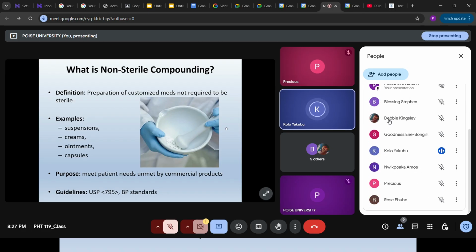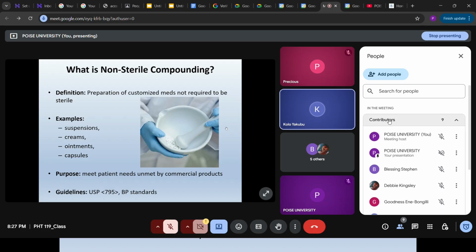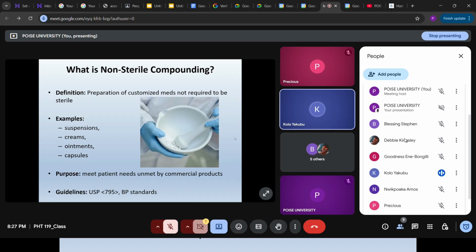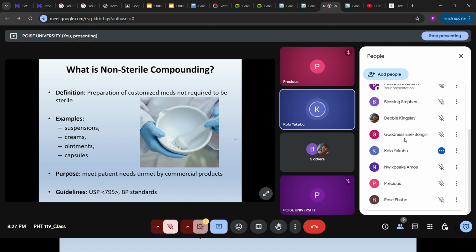Now, these pharmacopoeias are very huge documents, like volumes of documents, that prescribe every step of how to prepare any medicine that you know. So for every medicine you know, there's a standard process of how to prepare it, and that is contained in a book called the Pharmacopoeia.